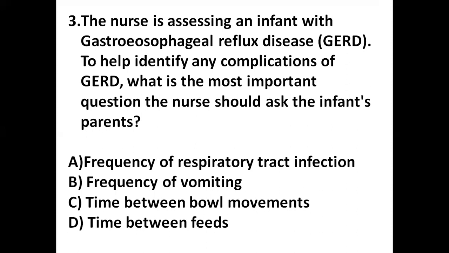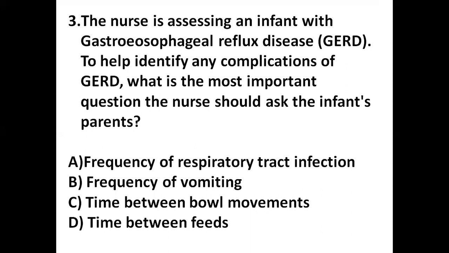If you know what gastroesophageal reflux disease is, you can easily answer. It is the regurgitation of food contents. Whatever you eat returns, coming back up. So what will happen? There is a high chance of respiratory infection in the infant because the content is coming back, so there is a chance of aspiration.